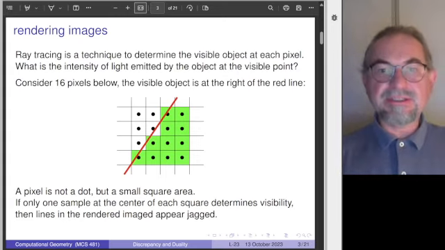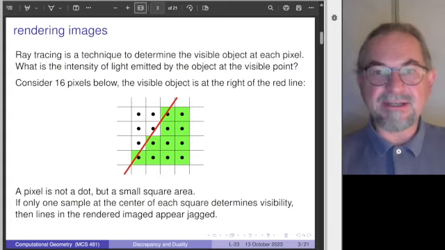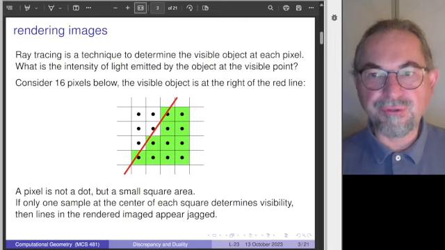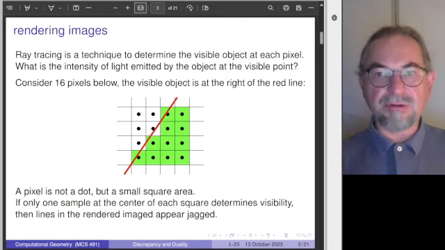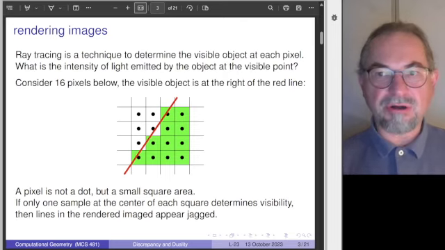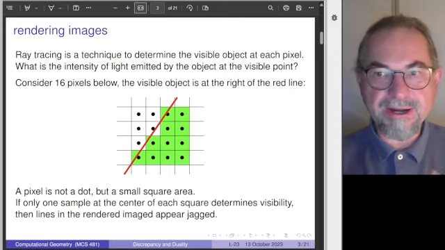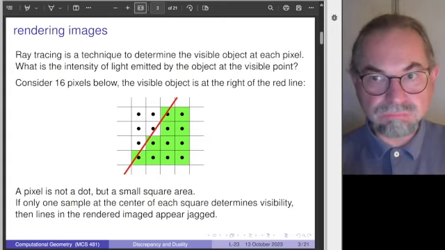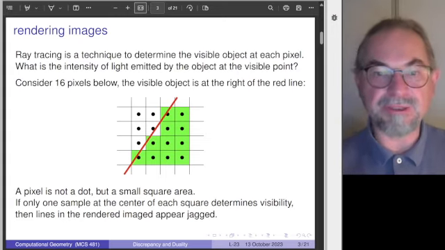We can actually change the intensity. So here we have white and green. You can have all shades of green, depending on how much of the small square area is actually to the right of this red line.